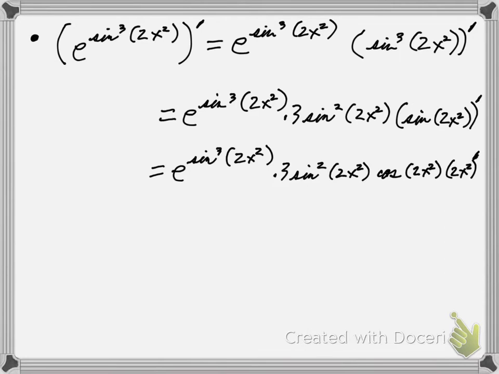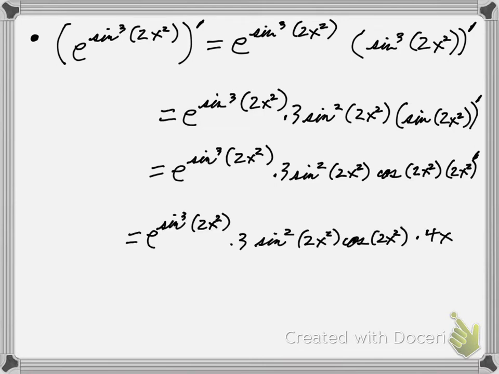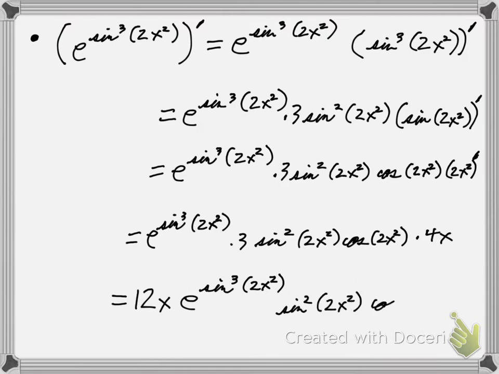And the derivative of 2x squared is of course 4x. I'm going to clean this up a little bit. This will be 12x e to the sine cubed of 2x squared sine squared of 2x squared cosine of 2x squared. And there's our first derivative.